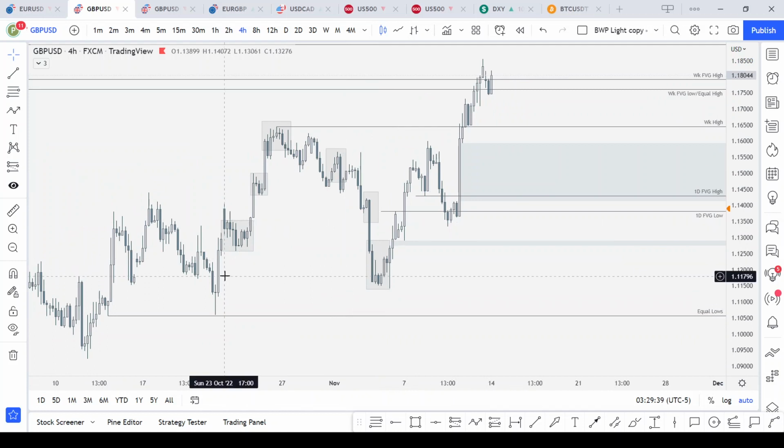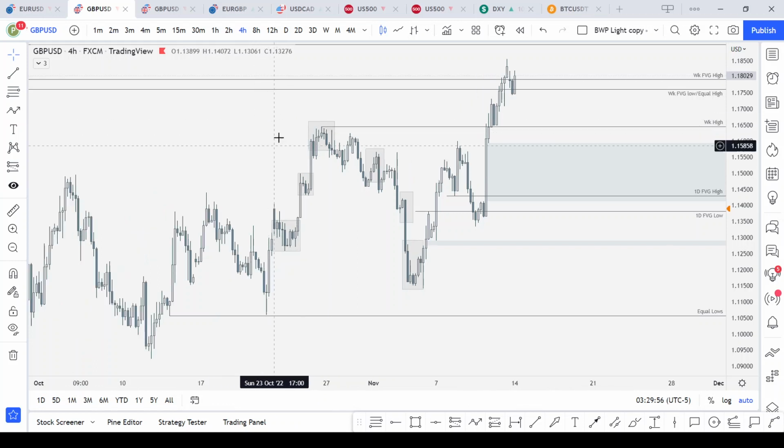So right here, this 4 hour fair value gap, we're looking for price to drop down for a potential three tap setup for us to go long, to target the, I've removed those markup from my chart. There is a daily fair value gap at this level, and that's pretty much where price rejected from.